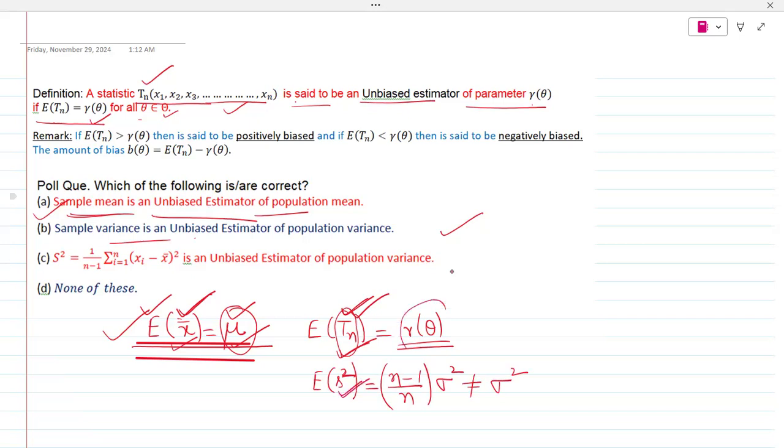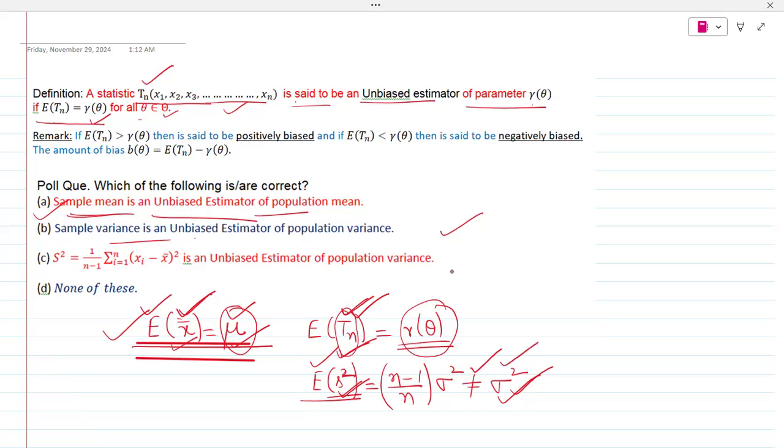And what is our parameter here? It is sigma square. The expected value of sample variance is not equal to the population variance, meaning the sample variance is not an unbiased estimator of the population variance.